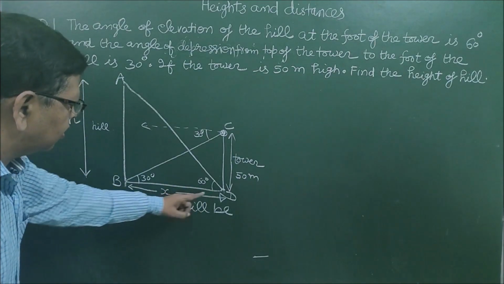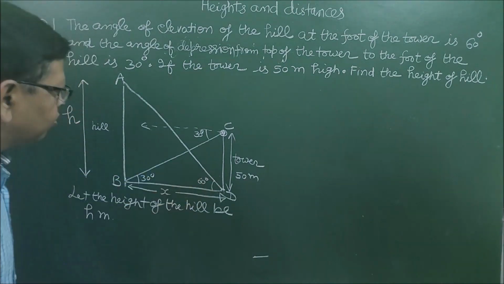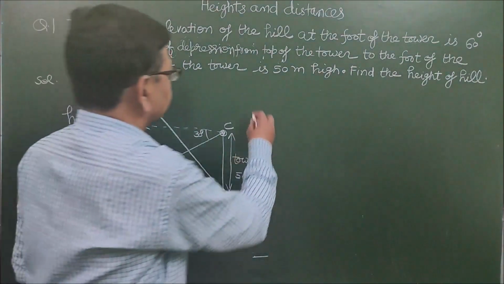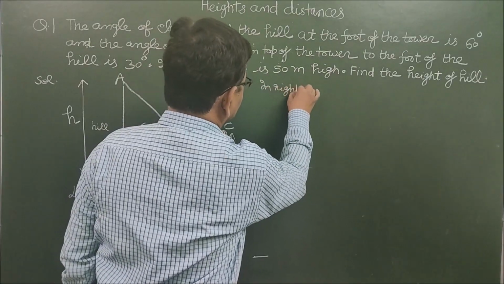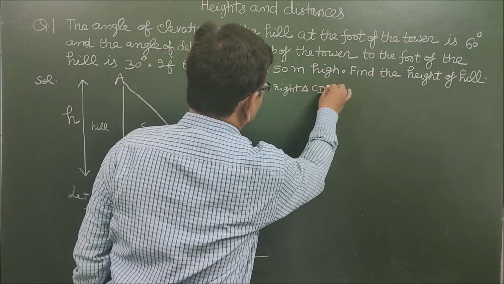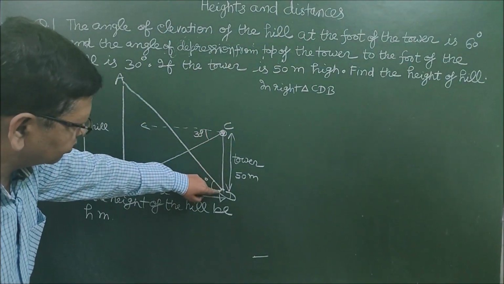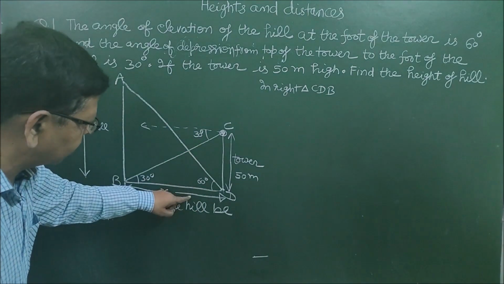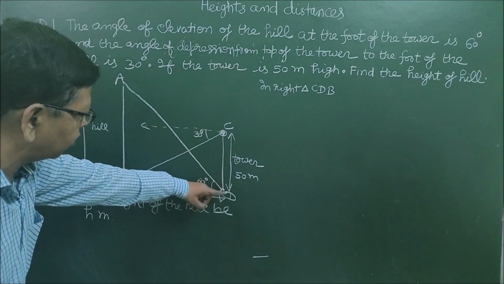that is the distance between the hill and the tower. So in right triangle CDB, this height is given and we want to find the base, so we will consider trigonometric ratio tan theta, perpendicular upon base.